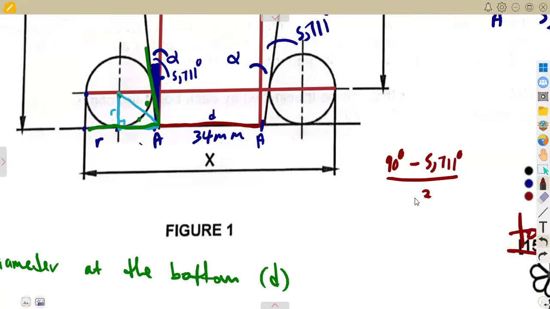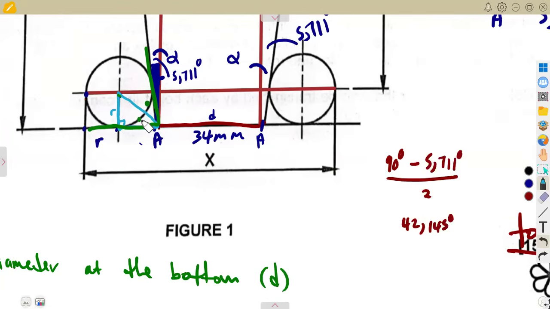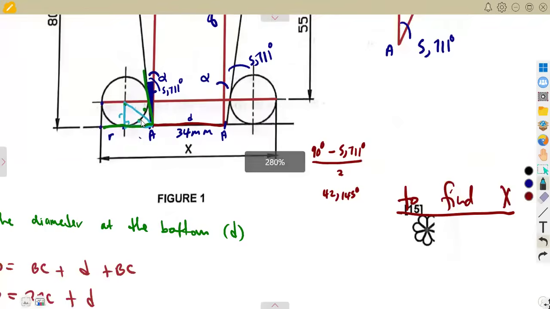So that's the idea then. This is going to give us 42.145 degrees. So the angle that is inside of the triangle here is going to be 42.145. This is the angle that you need in your calculations.